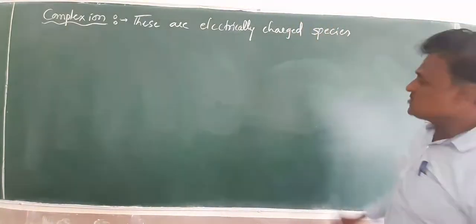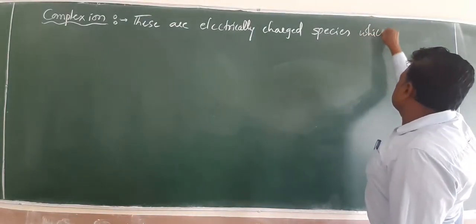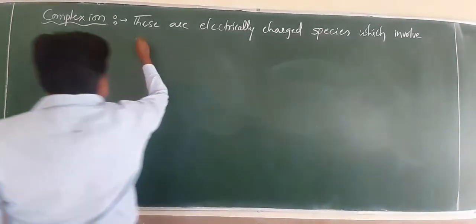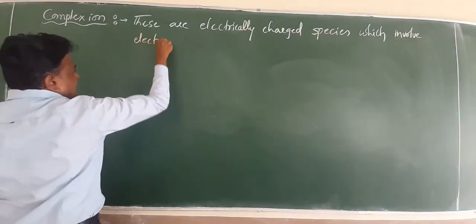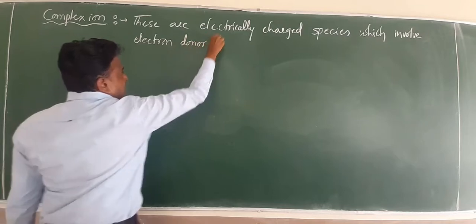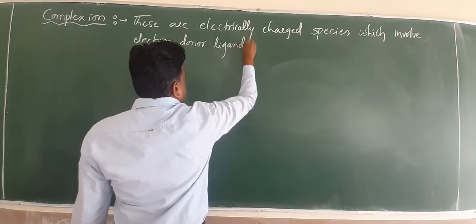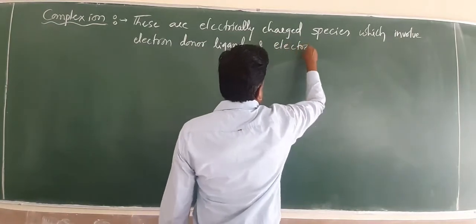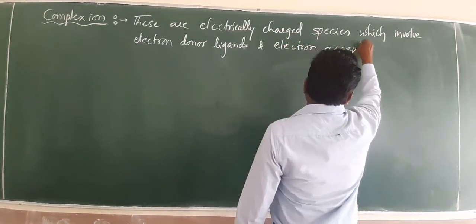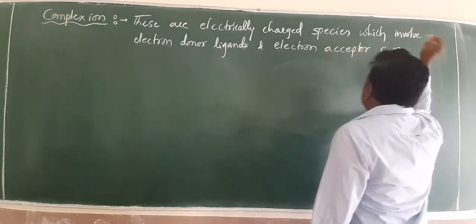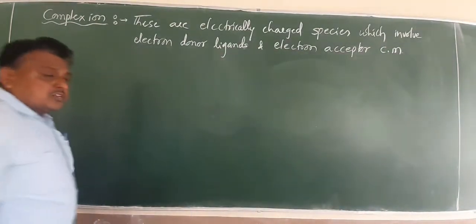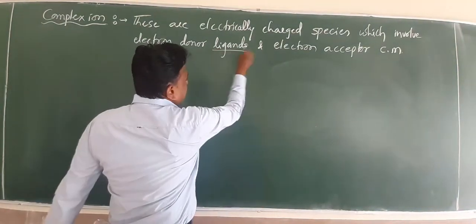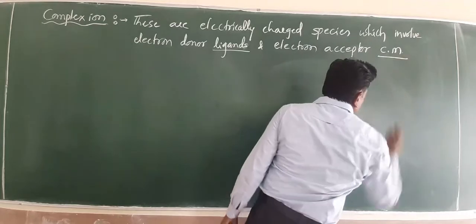These are electrically charged pieces which involve electron donor ligands and electron acceptor central metal. I repeat, what are complex ions? These are the electrically charged pieces which involve electron donor ligands and electron acceptor central metal.